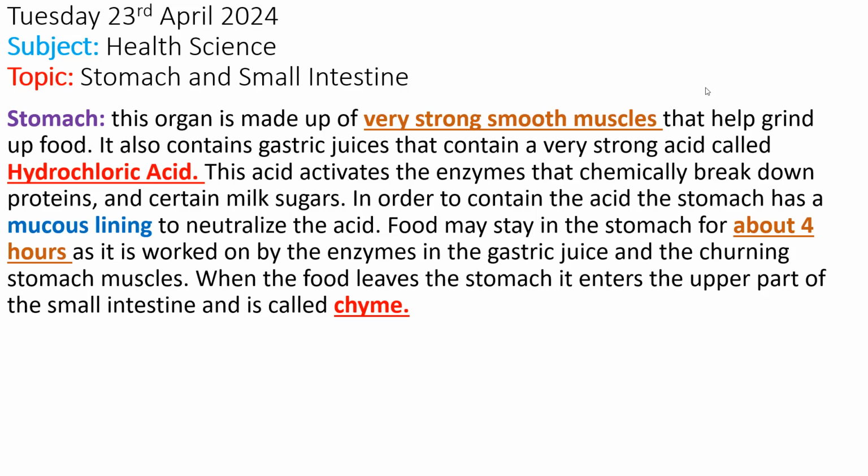It is broken down in the stomach physically by the actual grinding and moving of the stomach. The food is constantly being moved in the stomach, and also because of the enzymes that we have, right? So anyone can answer this question: how many hours does it take for food to leave the stomach? About how long? 4 hours. For 4 hours. Very good. All right.